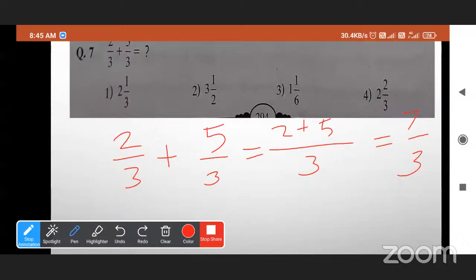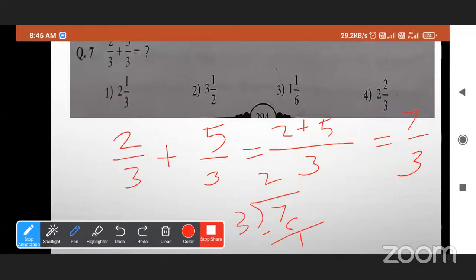We have to convert this improper fraction into a mixed fraction. So what is the mixed fraction? We have to convert this into a mixed number. Here, 7 divided by 3. So 3 twos are 6. Okay.